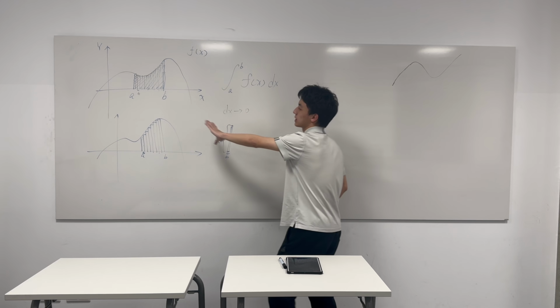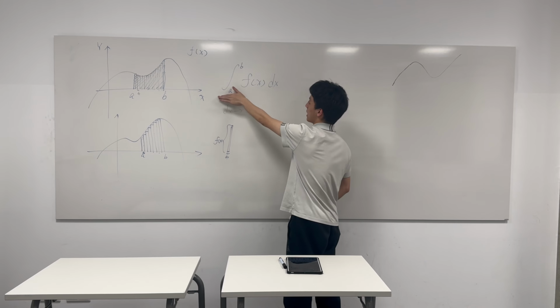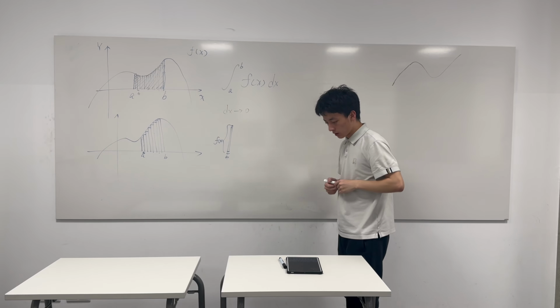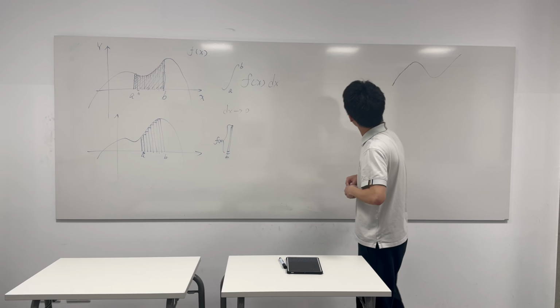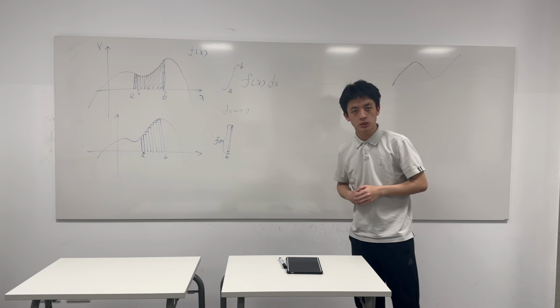So we are basically calculating the sum of f(x) times dx. That's why it's like that. Cool. But how can we calculate definite integrals?